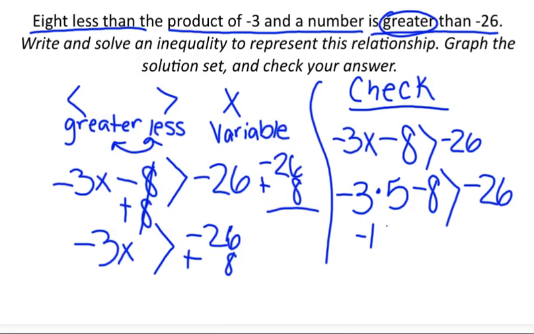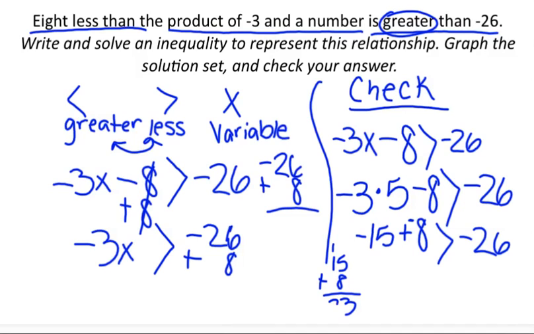And you get negative 15 minus 8 is greater than negative 26. And when subtracting from a negative, you would switch the signs and change the positive to a negative, and you would do 15 plus 8, you get 23, as a negative, is greater than negative 26.